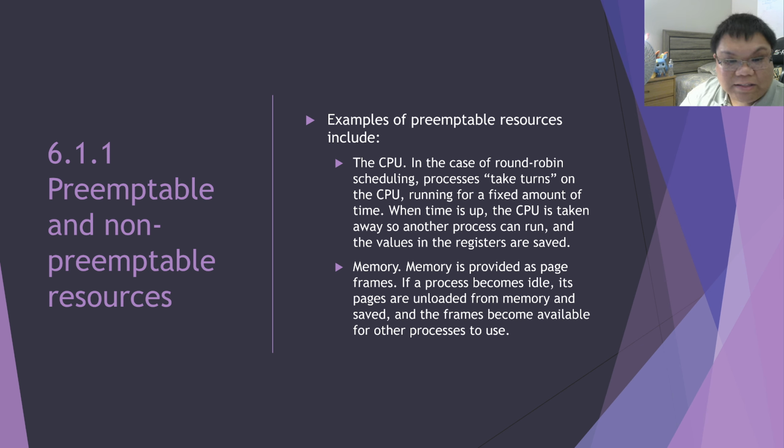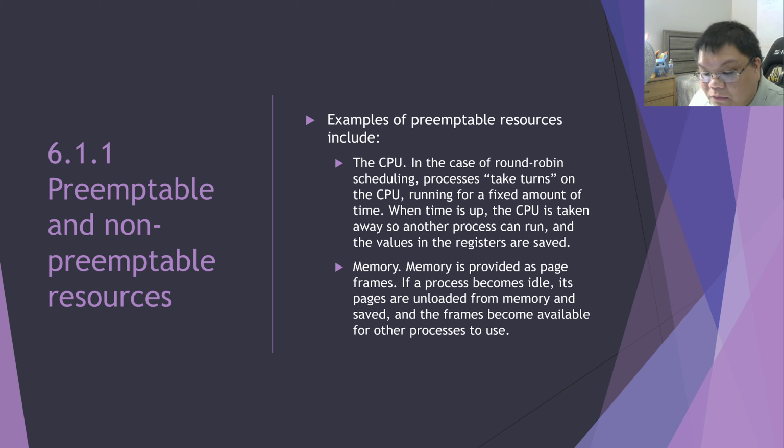Memory is also preemptible because the pages that make up a process's memory space, we just move them back and forth from memory to the backing store. If a process goes idle, then those page frames that are needed to store that process's memory are just being wasted on a process that's gone idle.